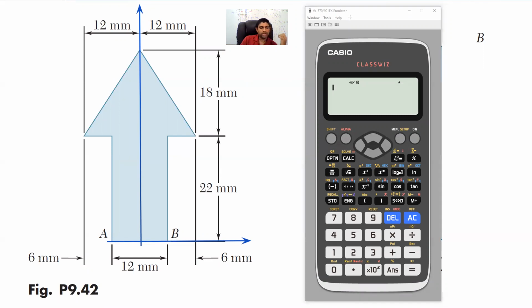So first I am going to find Ix. To find Ix, we can consider a composite method.